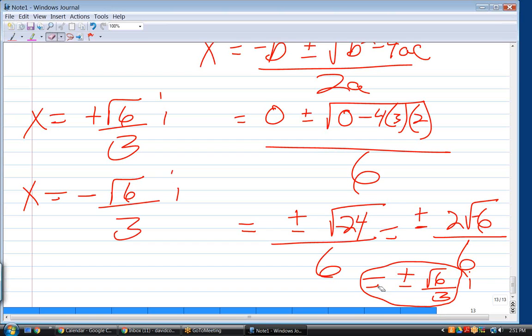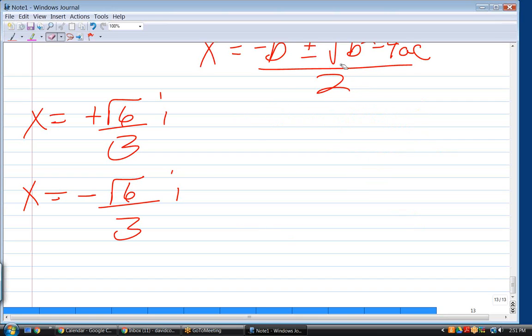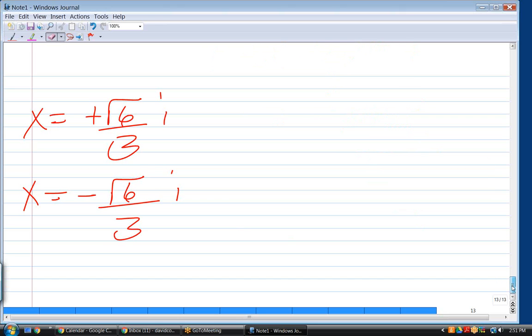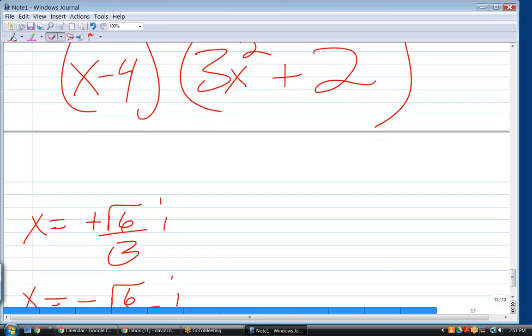Okay, well, let's erase all of that and go back to where we're listing our linear factors. Well, remember the linear factor is always x minus the root. So we still have our x minus 4.